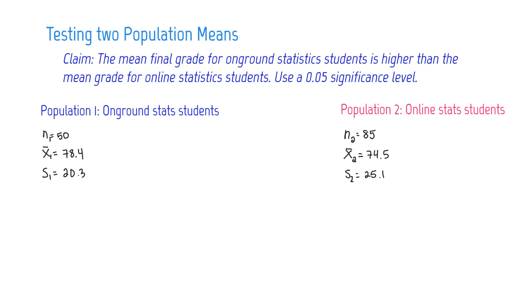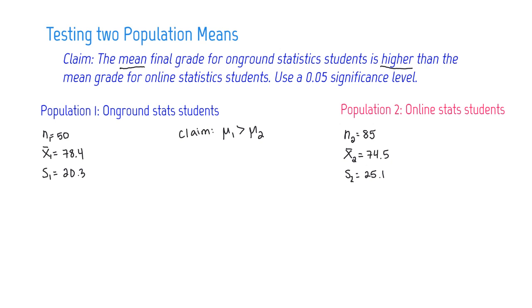So let's look at our claim. We're saying that the mean, so we're testing the mean grade for on-ground students is higher than for online students. So our claim in symbolic form says that mu1, the mean grade for on-ground students, is more than mu2, the average grade for online students.